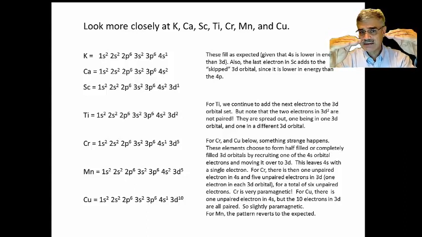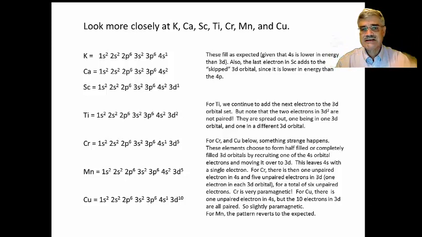That's why in potassium and in calcium, we didn't go from 3p6 to 3d. We drop down and put that next electron in 4s1 and then 4s2. But finally, when we get to scandium, we fill the next electron, the 21st electron, into 3d1.